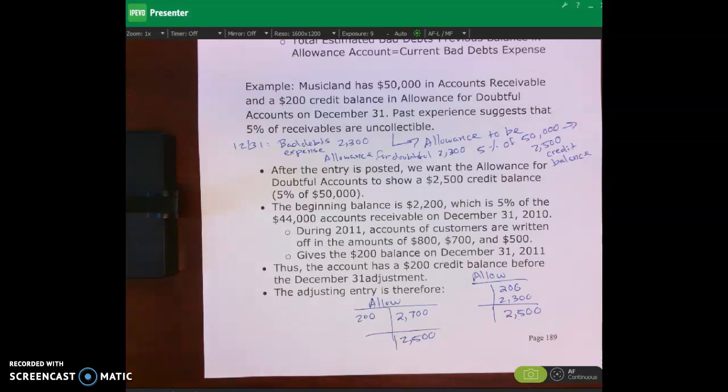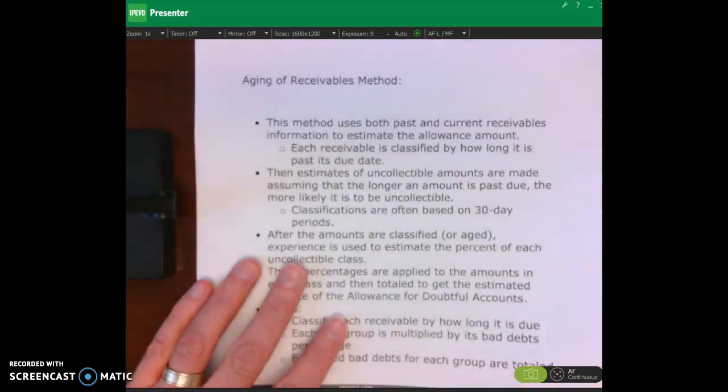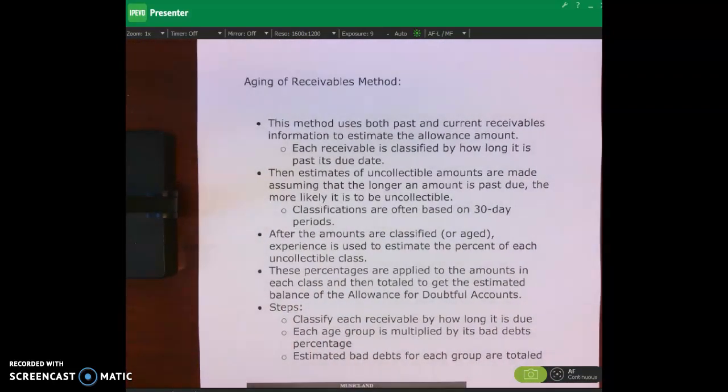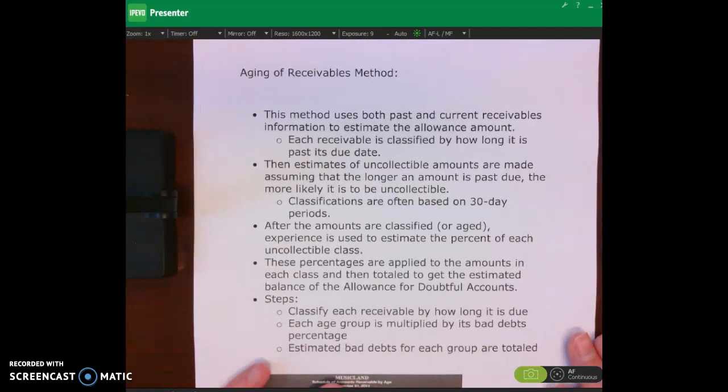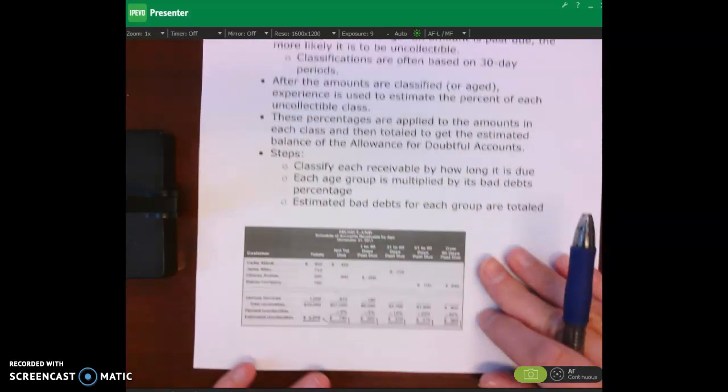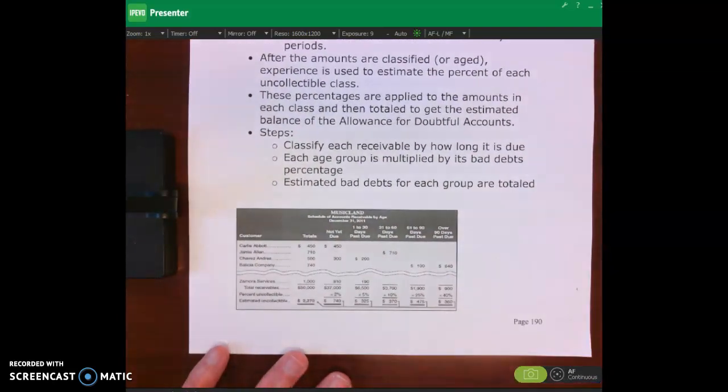Same thing here. So what we do as a variant to our percent of receivables method, we look at our aging of our receivables. And if we look at this figure down here, we have our aging by category. And what we have is our customer, Carly Abbott, total 450, it's not due yet. And then of those that are not due yet, it's 2% uncollectible.